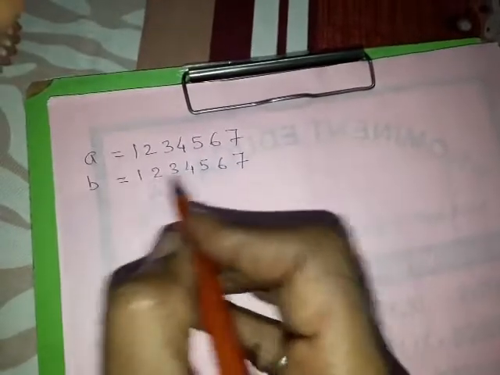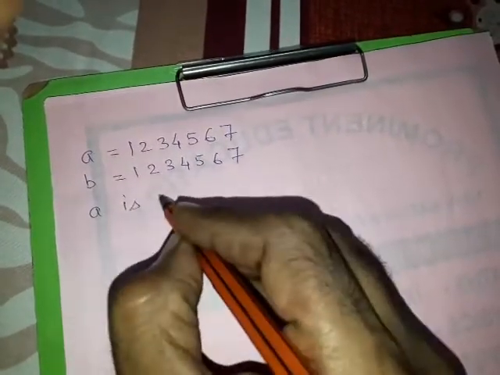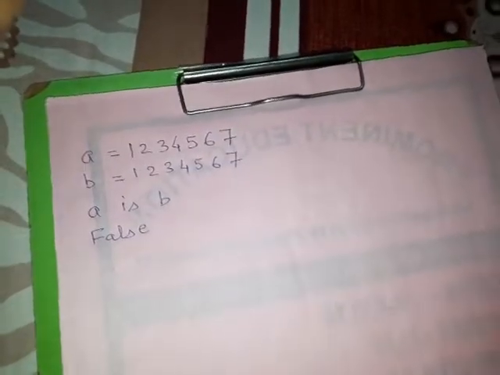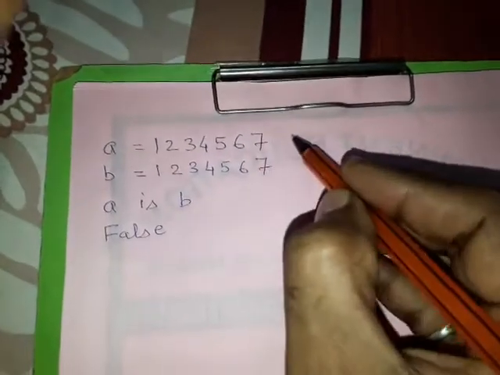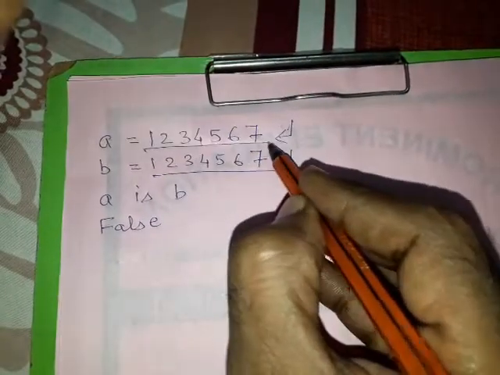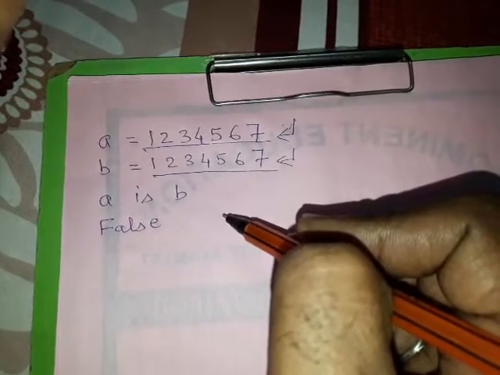If I compare a is b, it will again give false. It means in case of very large integers, different memory locations will be used, okay, not the same memory locations.